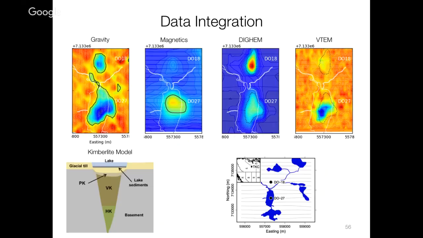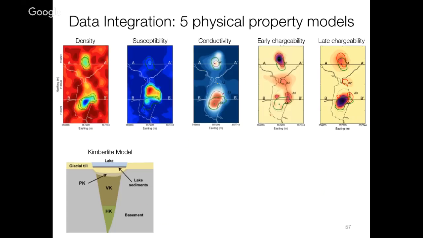So we get a 3D density model, 3D magnetic susceptibility model, we get a 3D conductivity, and we have some chargeability models at different times. So there's like an early time and a late time. So these are the results that we get. So that's density, susceptibility, conductivity, early chargeability, late chargeability.